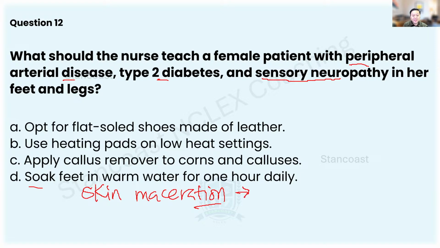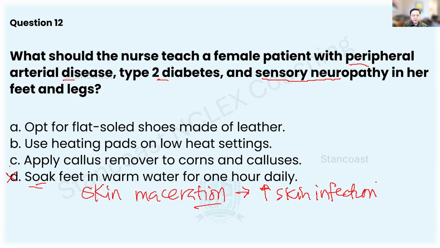And with that, it can promote skin infection. You're allowing opportunistic microorganisms to enter into the skin. All right? Soaking for 1 hour is not recommended.